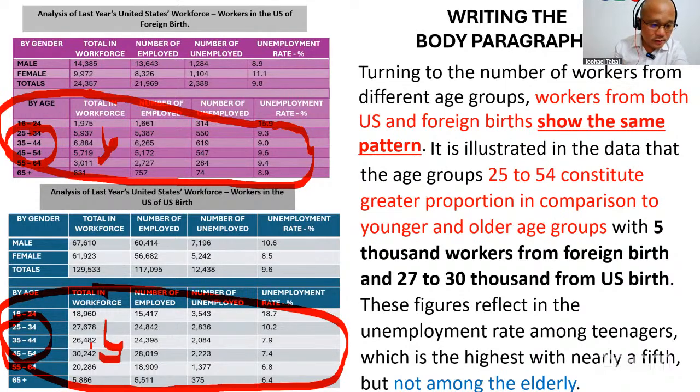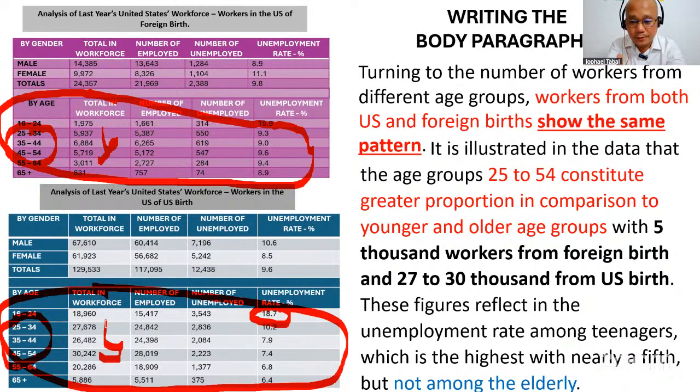Because of this, there is a greater number of teenagers from 16 to 24 who are unemployed, all right? Because the workforce is high in ages 25 to 54, the unemployment rate is obviously higher among those in teenage groups from 16 to 24.